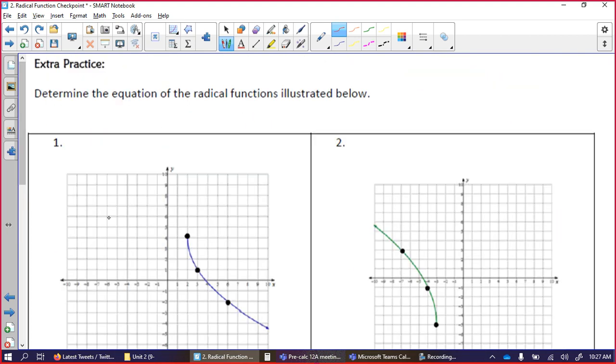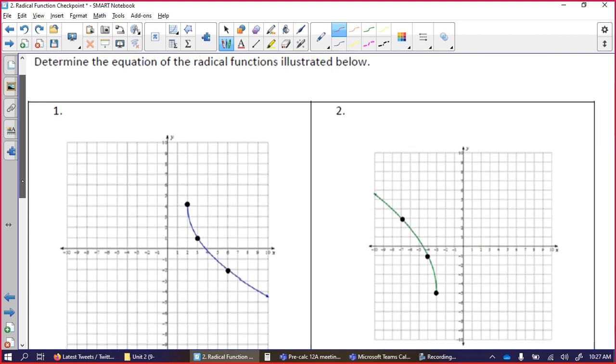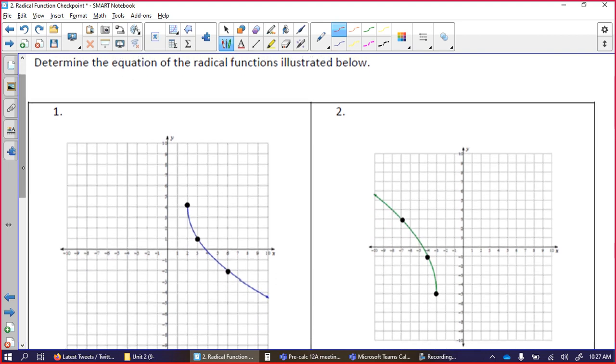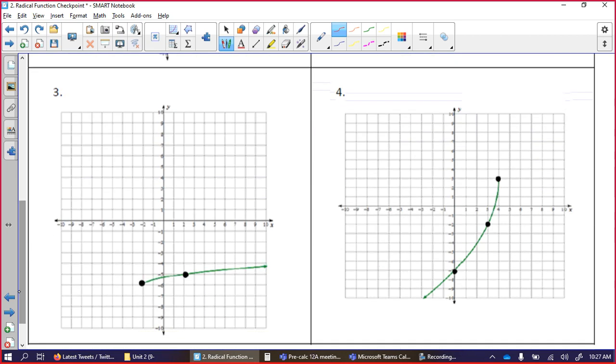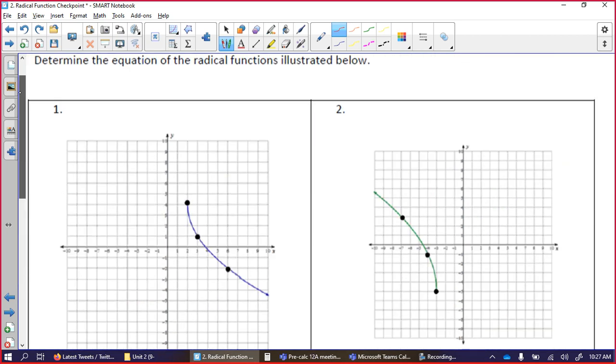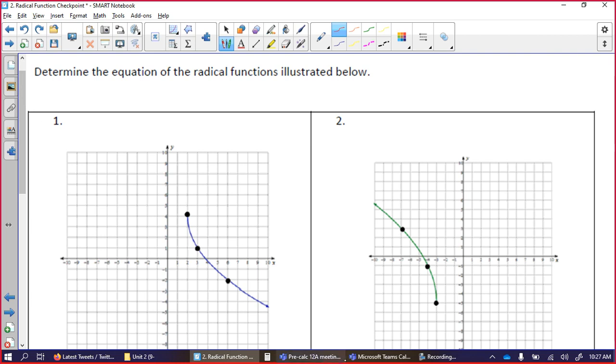There are 4 graphs to write an equation for. Find your h, find your k, figure out which way it's reflected. Some of these are reflected more than once. That one looks to be reflected more than once. Oh no, I guess you can treat them all like they're only reflected. That one doesn't have a reflection. But that's all I have for today.